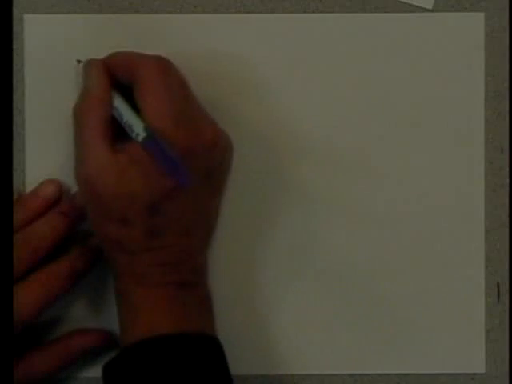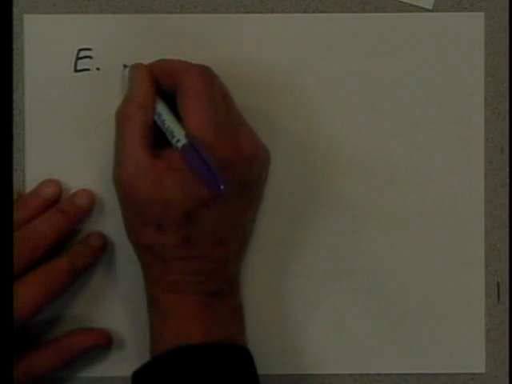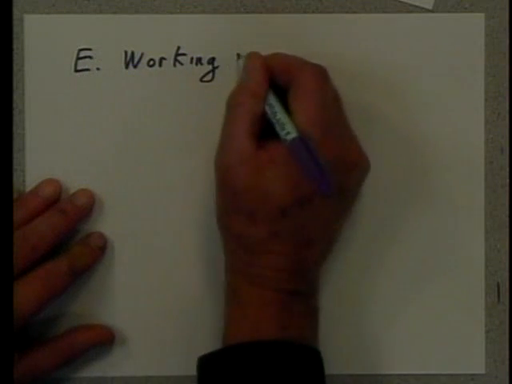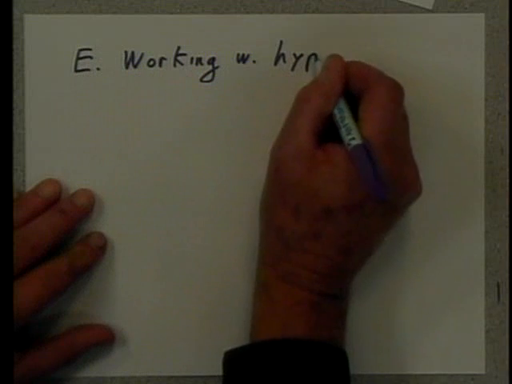Okay, I have to do a little bit more with those so that you can work on those hyperbolic functions. Most of the stuff is now in. Now it's just a matter of what our problem's like. So this is E. Working with hyperbolic functions.